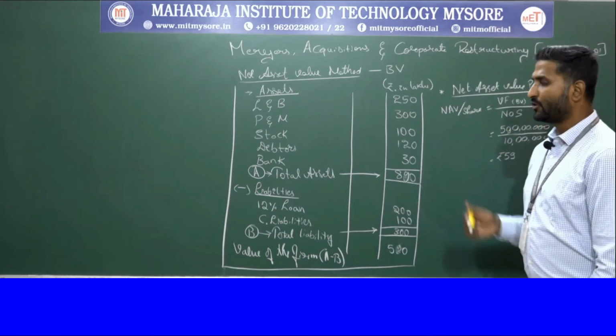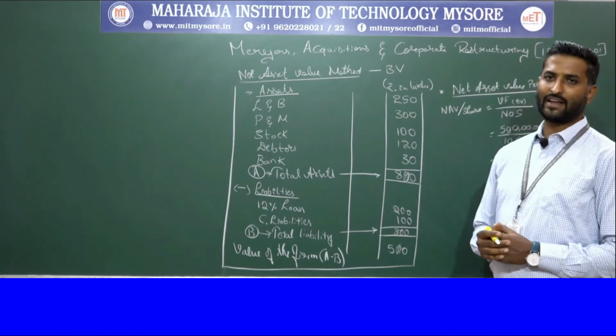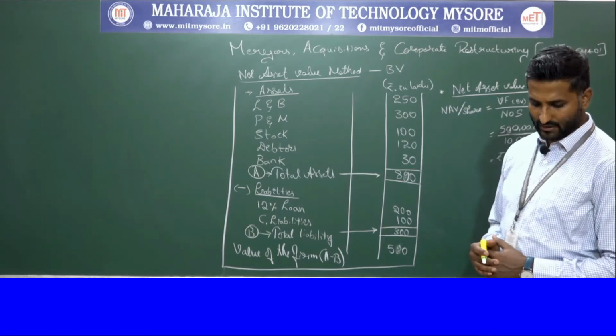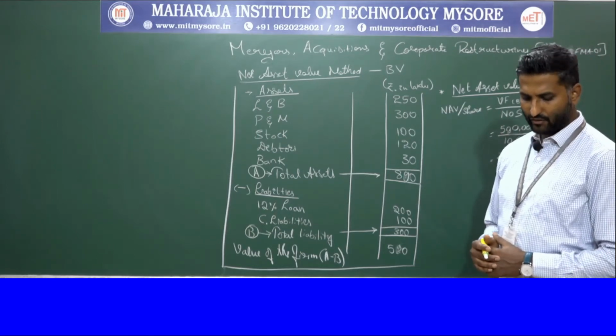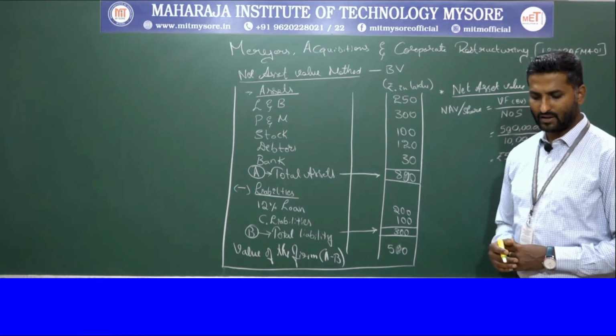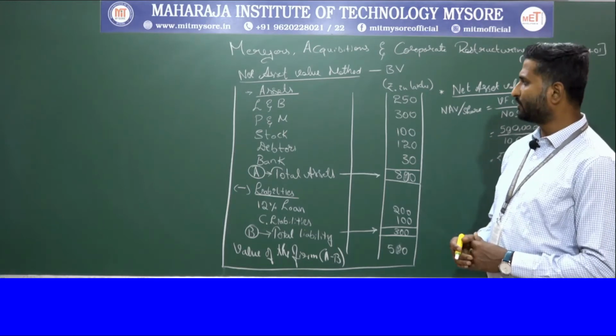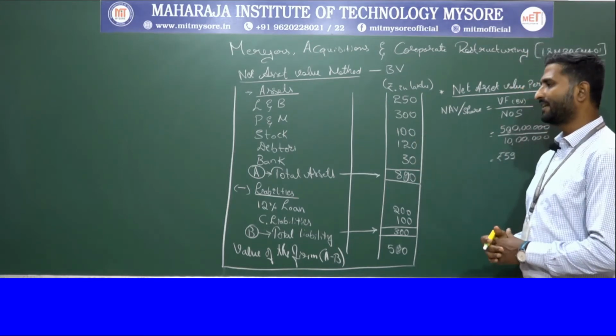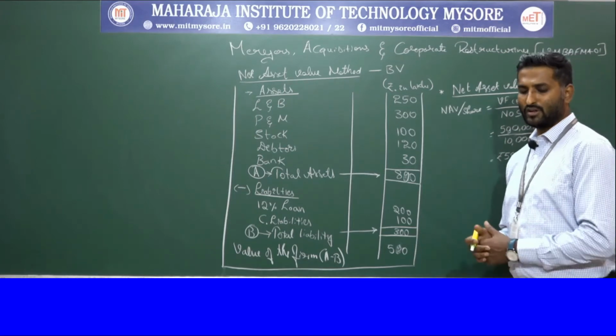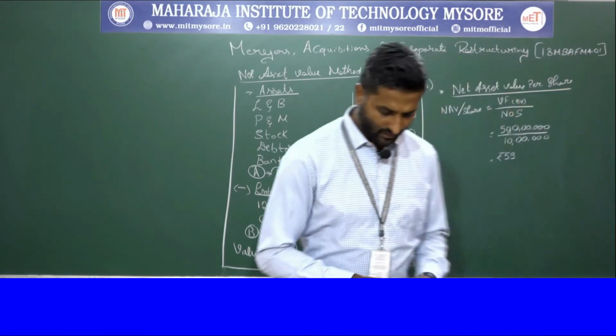Then we move to the second calculation. The second calculation should be based on the PE ratio method. After we calculated the net asset method, we move to the PE ratio method.